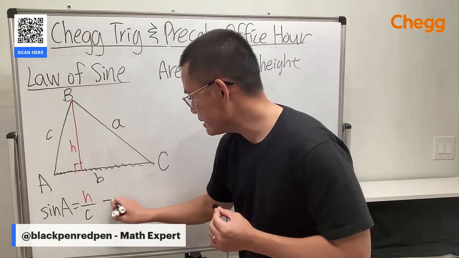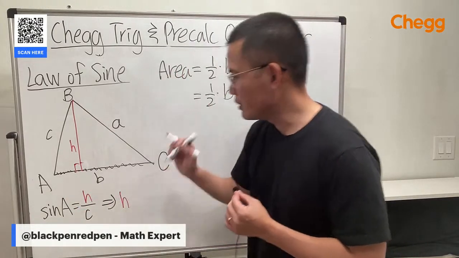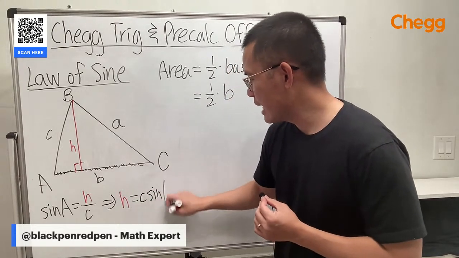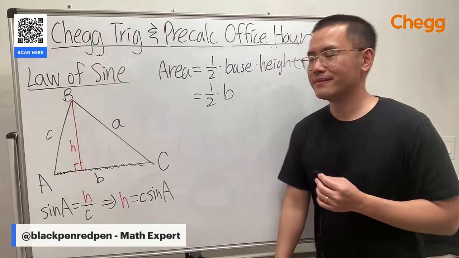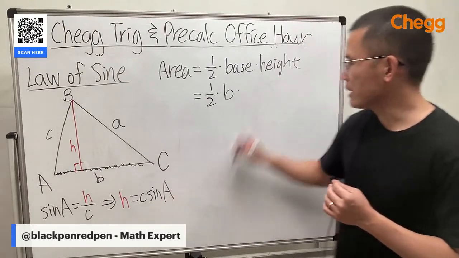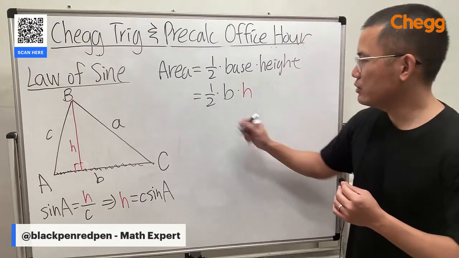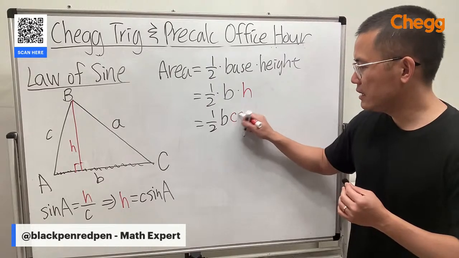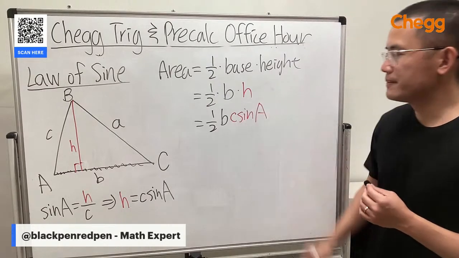Multiply c to both sides, we get h, which is the height, is equal to c times sine A. So we can put that down right here for the height. The height is h, and then 1/2 base, and then c sine A.